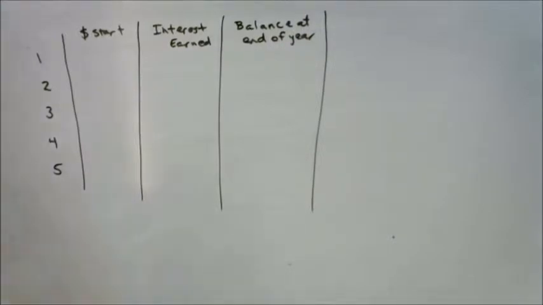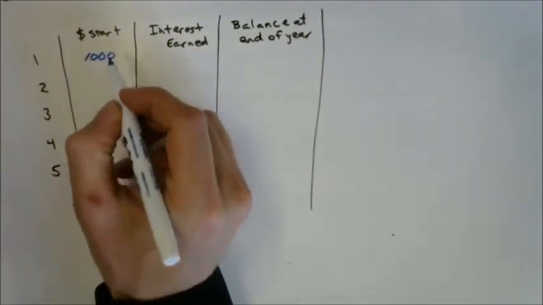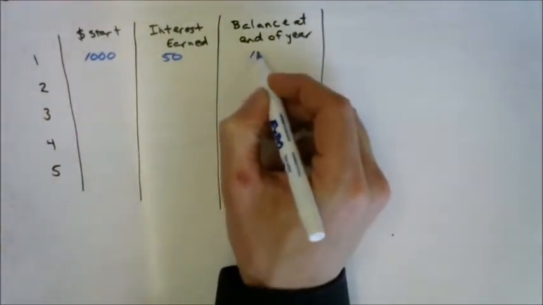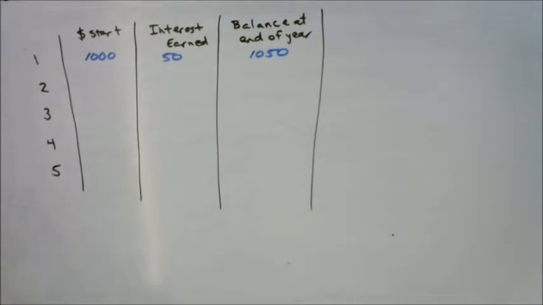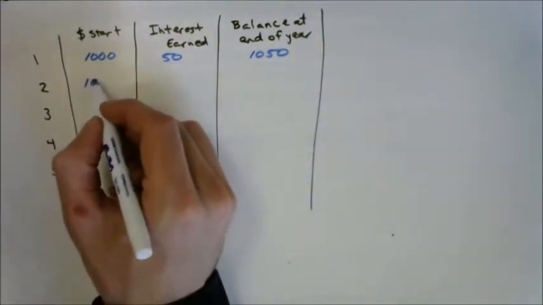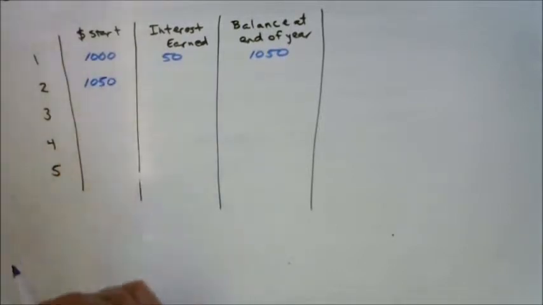So again, he's starting with $1,000. We know from yesterday that 5% of 1,000 is $50. So he's going to have 1,050 at the end of that first year, which means at the start of the second year, the principal is now 1,050. So he's going to earn now 5% of that as interest.